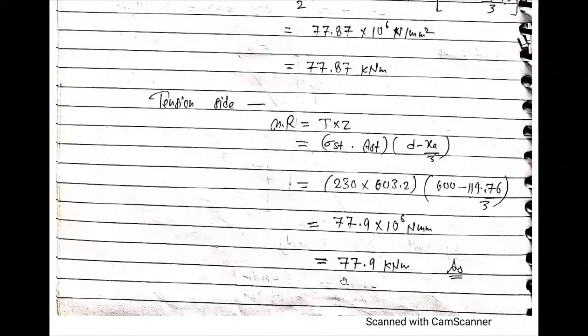So it comes out to be 77.9 kilonewton meter. Kindly take a note that the moment of resistance in compression side and in tension side are almost equal. They usually come out to be equal. This proves the viability of our solution as well.